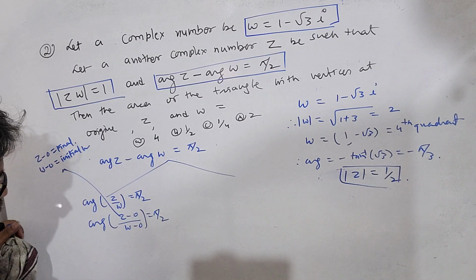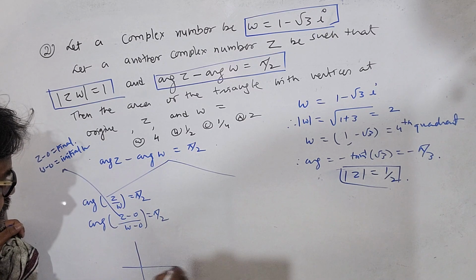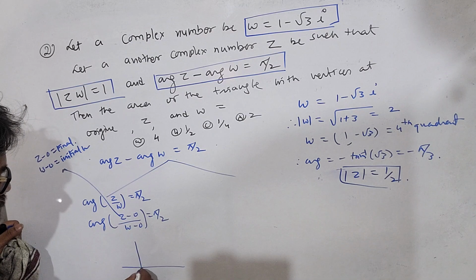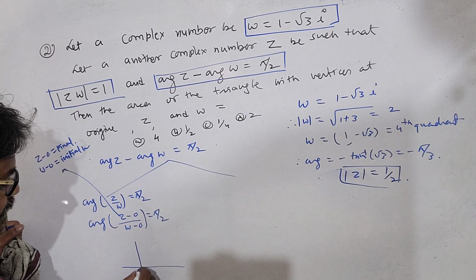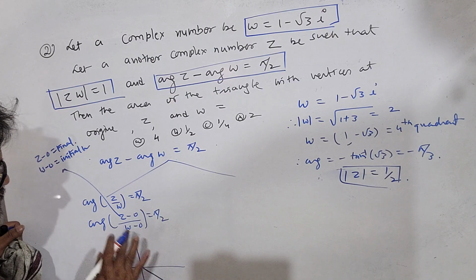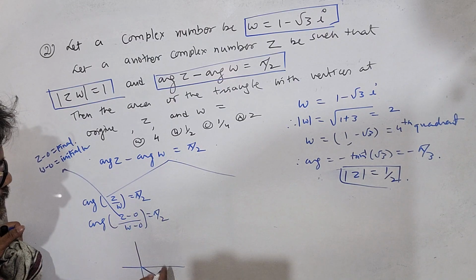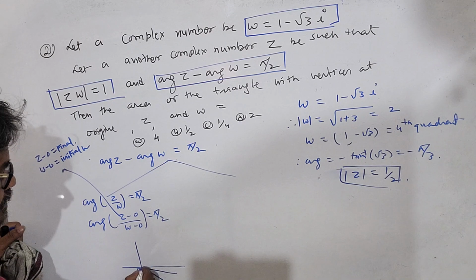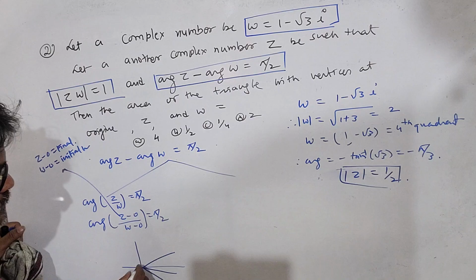That means it is something like this. This is the final vector, this is w minus 0, so w is definitely lying in the fourth quadrant, correct? And then coming to z minus 0, this is 0, so z minus 0 may be here, like that, correct?